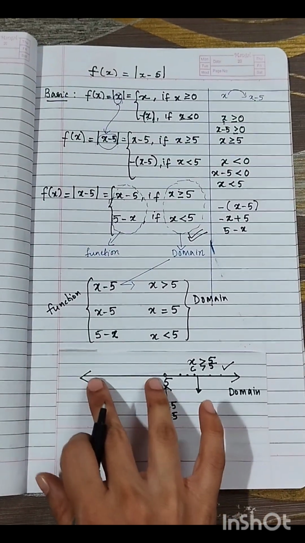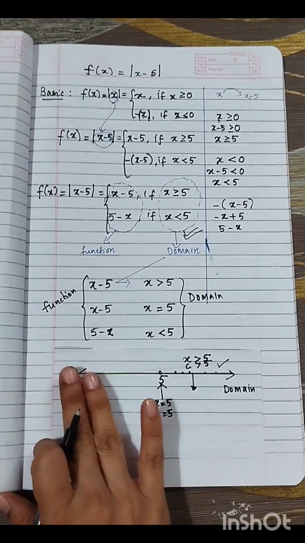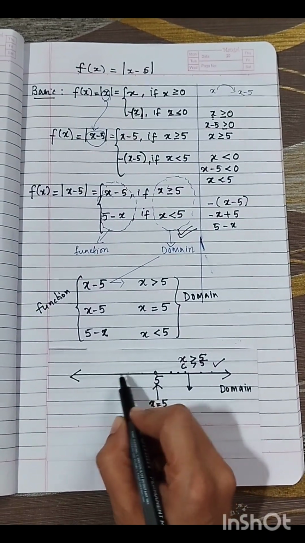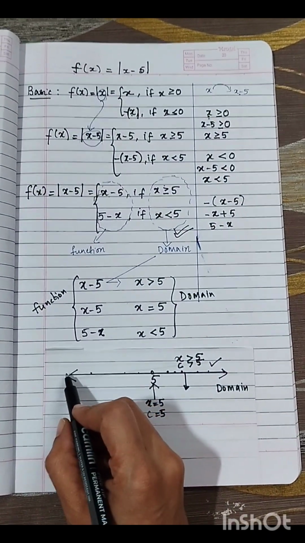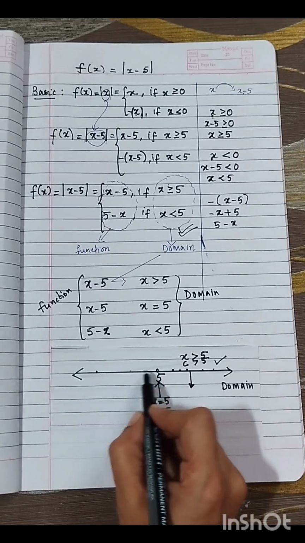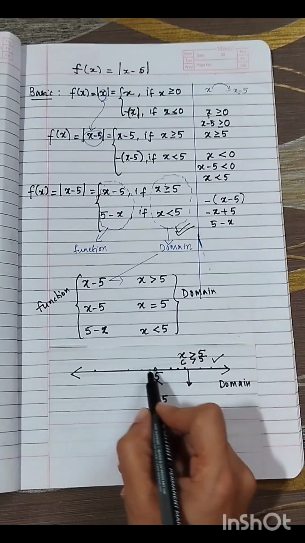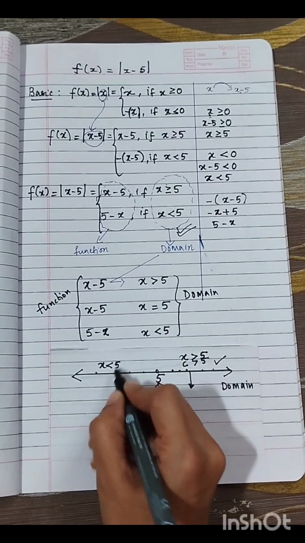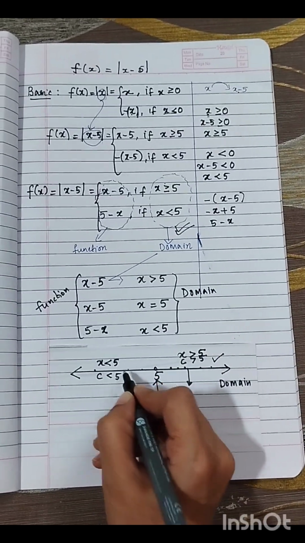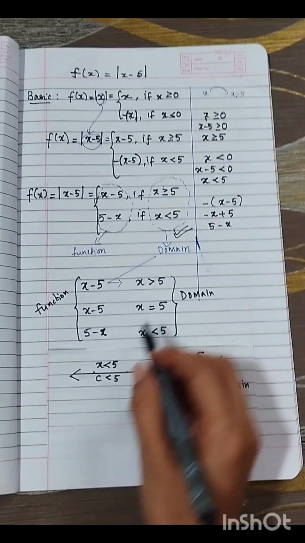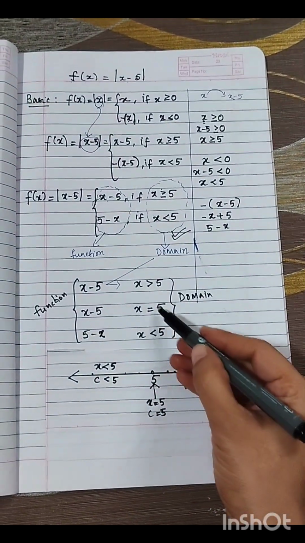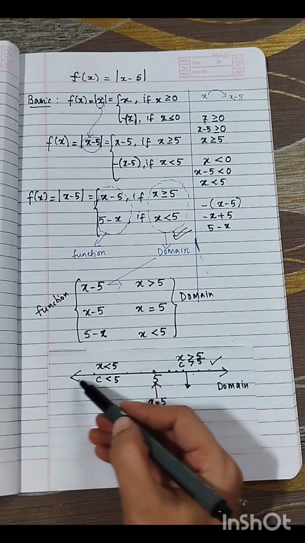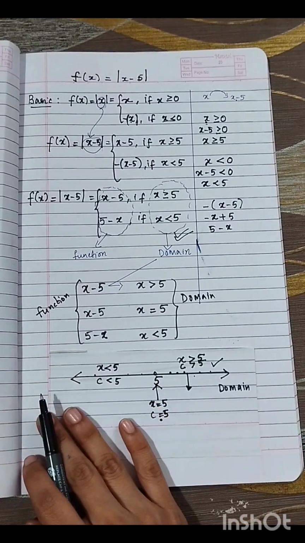In the third domain on the left hand side, x less than 5, you will get 4, 3, 0, minus 10, minus 20, minus 100. All these numbers will come on the left side of 5, that is x less than 5, but we will write c less than 5. So the first domain is here, the second domain is the point, and the third domain is the set of many real numbers, infinitely many numbers.